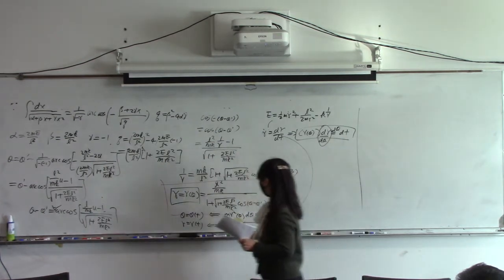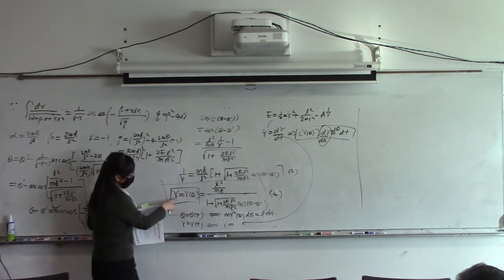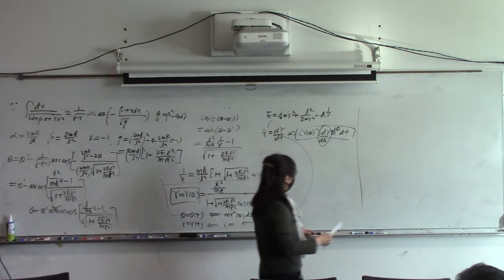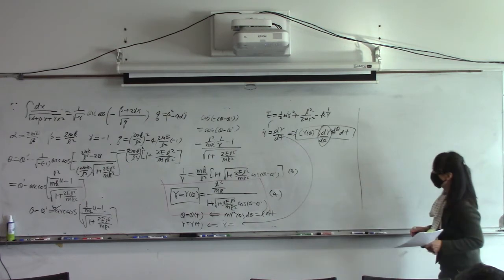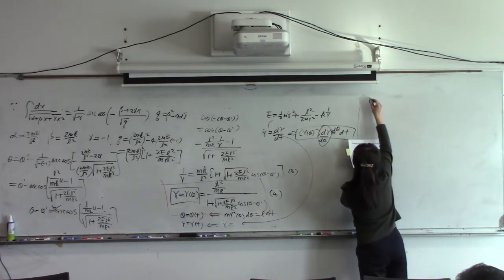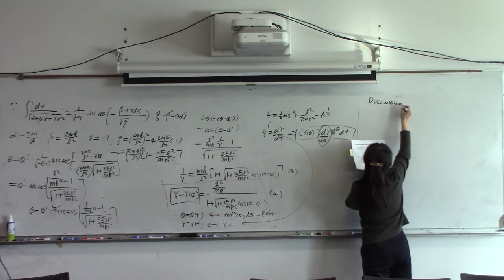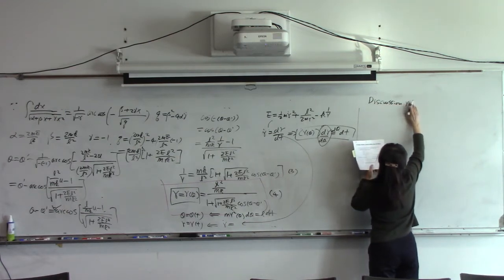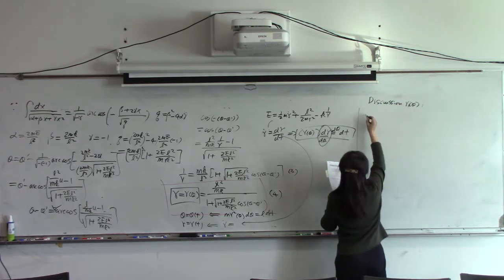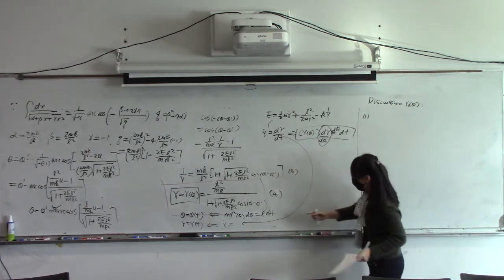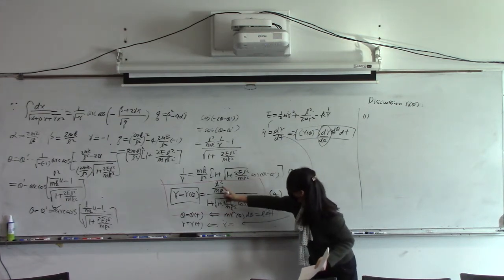Now we want to discuss the behavior of this, what kind of orbit. First, you see there are a lot of numbers here, right?